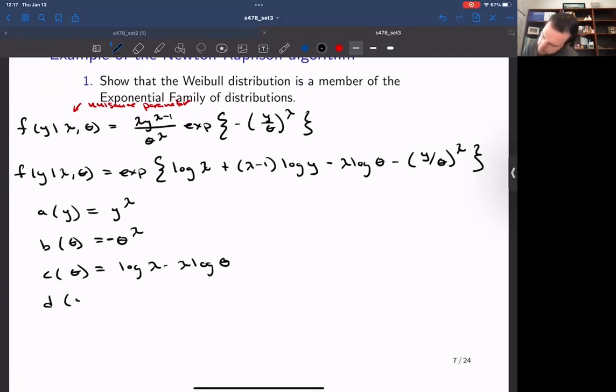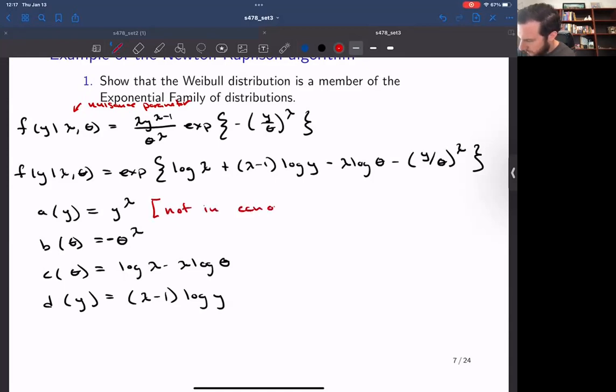And d of y is going to be equal to lambda minus 1 log y. All right, so this is not in canonical form unless lambda equals 1. So from this definition, we can conclude that the Weibull distribution would actually not be suitable in a GLM framework unless lambda was equal to 1.